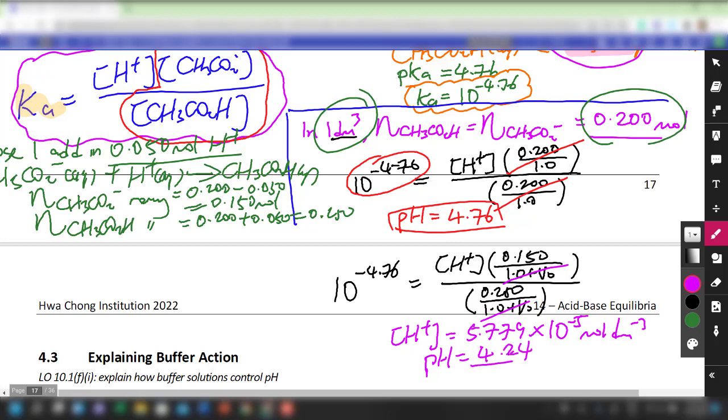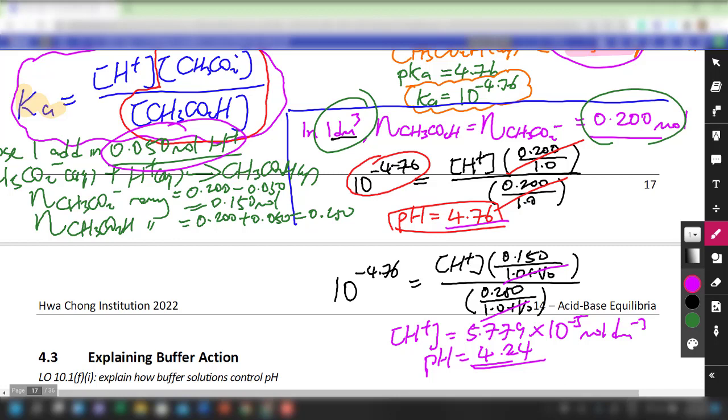Now, do you notice that the pH reduces from 4.76 to 4.24? This is quite a substantial drop, but not substantial enough to go from 4.76 to 1. The reason the drop is relatively substantial is that I purposely added quite a huge amount of H+, about a quarter of the amount of ethanoic acid or ethanoate present.